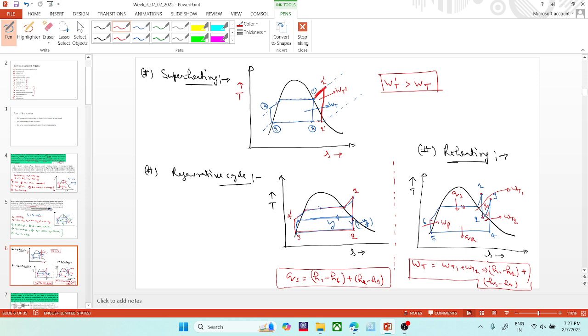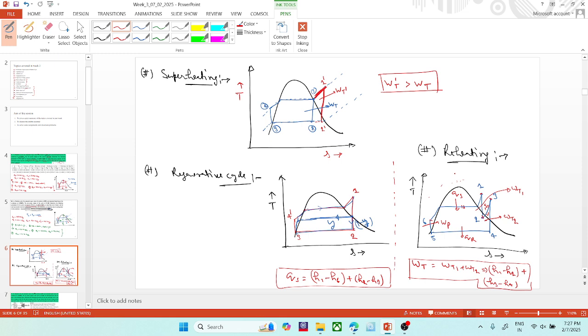So if you have any doubt here, we can take that doubt. Also, we have learned the supercritical cycle, where we heat the steam above this point. Okay, above this point, it will go like this. And the supercritical reheat cycle and all.